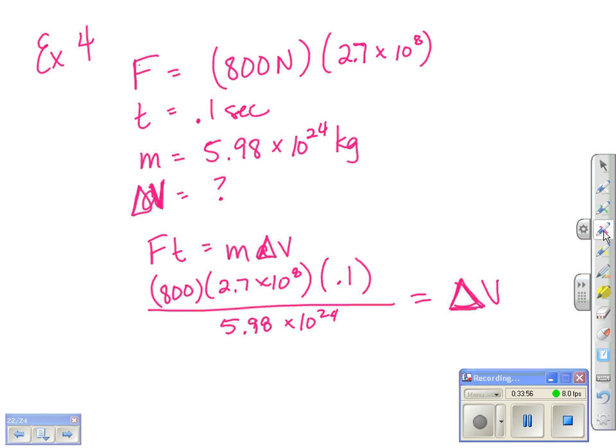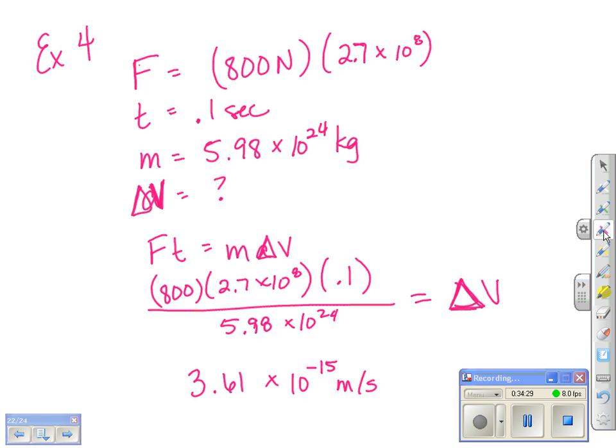All right. So when you calculate that, we have our 800 in our calculator times 2.7 EE 8 times 0.1 equals divided by 5.98 EE 24 and equals, and we get a really small number, which would be 3.61 times 10 to the negative 15. And this is meters per second.